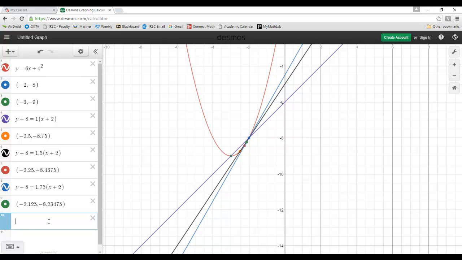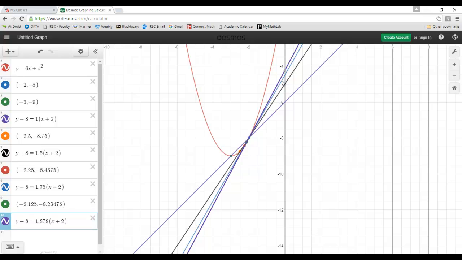So that would mean the new secant line equation is y plus 8 equals m, which I just said was 1.878, times x minus x1, which is x plus 2. And now, see this darker purple line. This darker purple line is the new secant line.